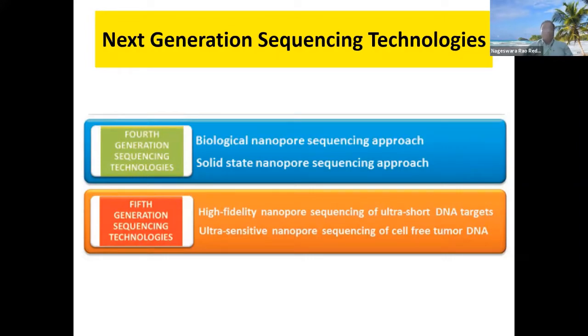So these are the five different genome or DNA sequencing technologies which are available till date. Till date means still this year. So the updated version of all the five generations is this.